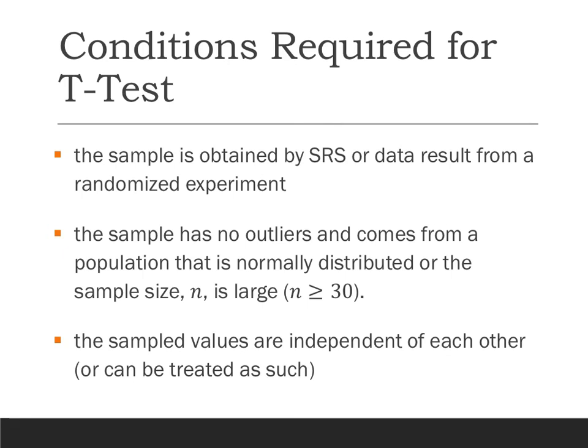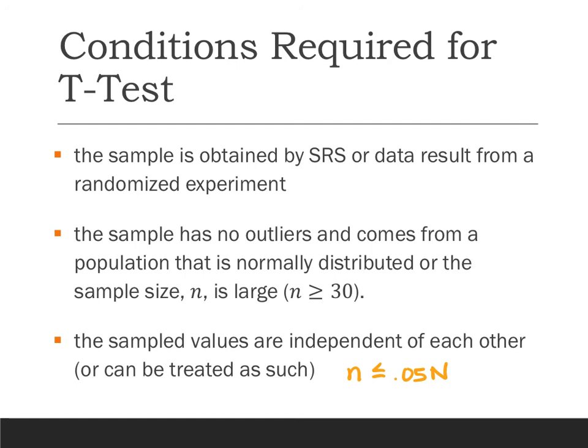And then last but not least, our sample values need to be independent of one another or be treated as such. And again, that's just that same check that we want to do of making sure that our sample size is less than or equal to 5% of our population size. And of course, we rarely know our population size.